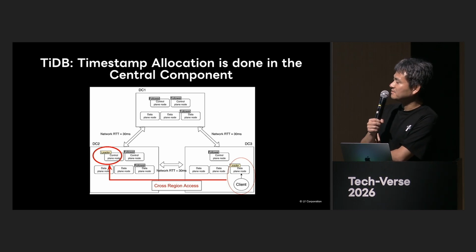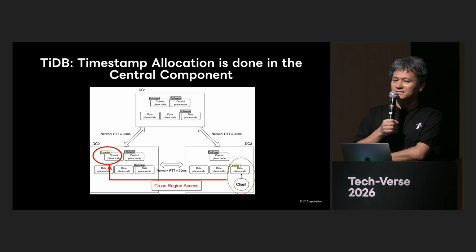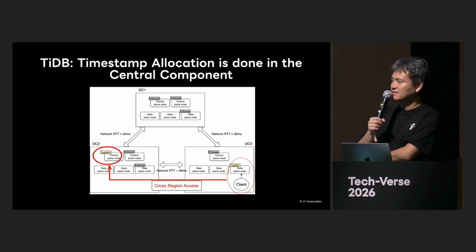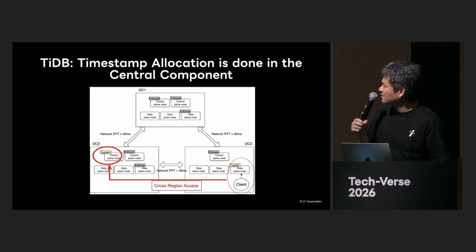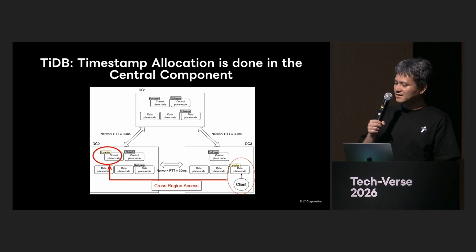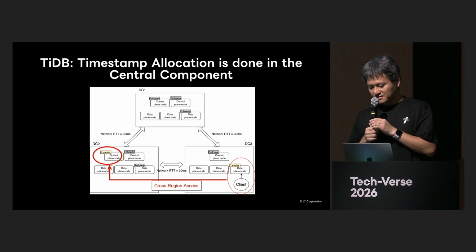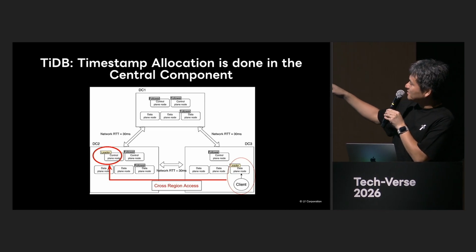That is the timestamp oracle we discussed earlier. TKV uses a timestamp oracle, a process that issues timestamps and exists as a single instance in the cluster. So, in this diagram, the circle on the left would be the leader of the control plane node.